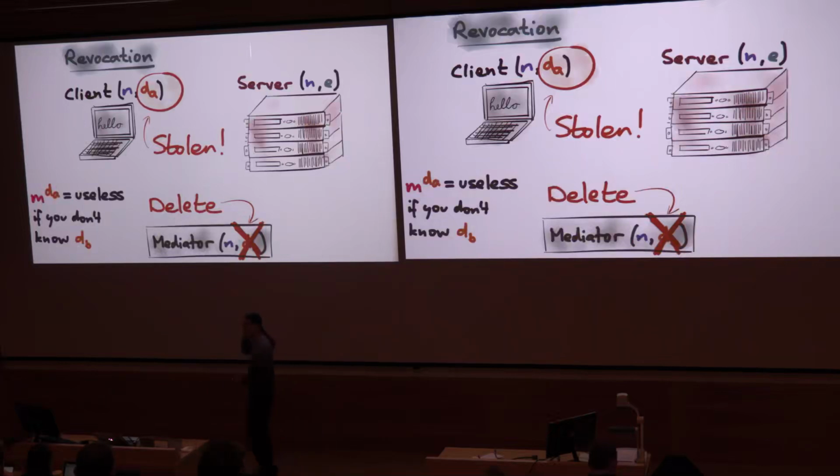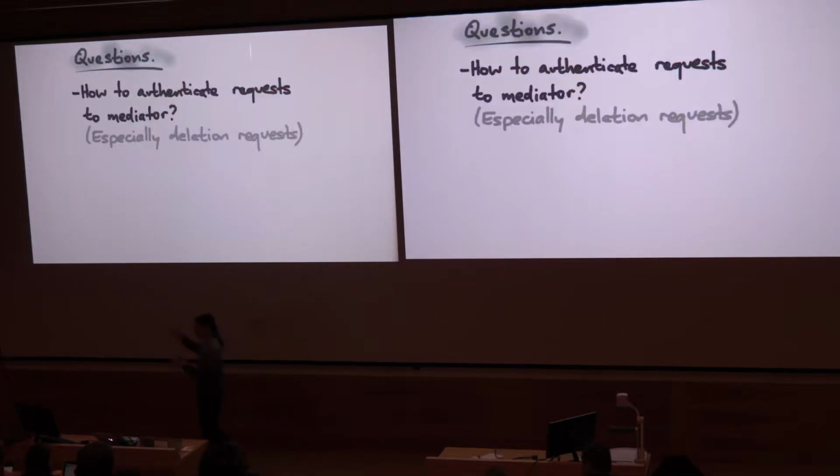Which is okay, but it's not really viable for consumer internet purposes. So we need some way of authenticating requests to the mediator, especially if those requests are deletions. But actually, even for signing requests, it's useful to authenticate them. And then the other thing was rate limiting would be very nice here.